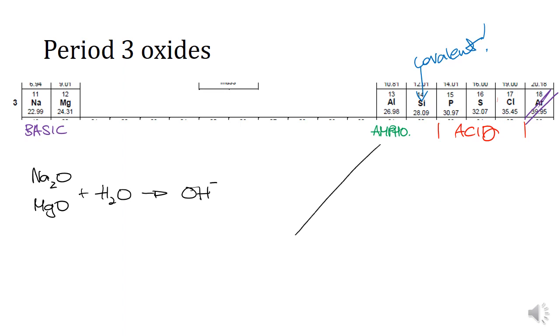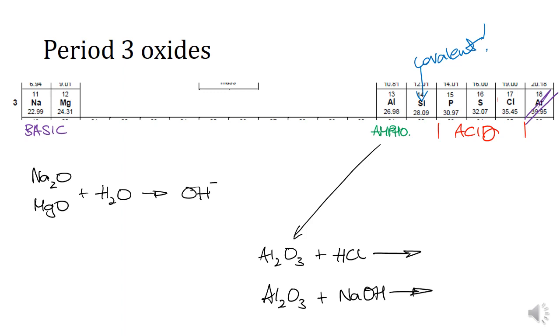Aluminium oxide can react with HCl when it's acting as a base, or it can react with sodium hydroxide and act as an acid. So that's what we mean by amphoteric.